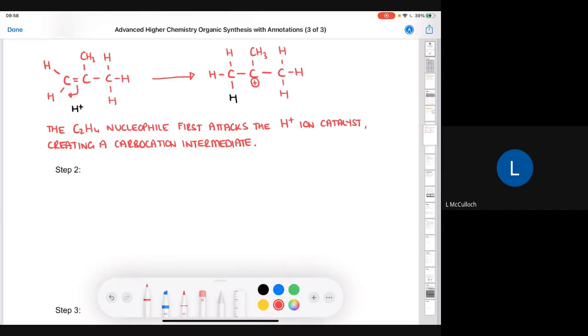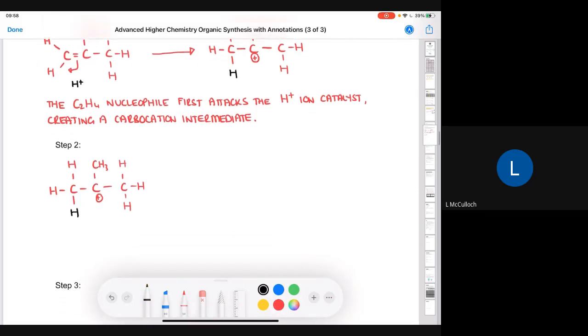So I'm going to take my carbocation intermediate, and I'm going to draw in a water molecule.